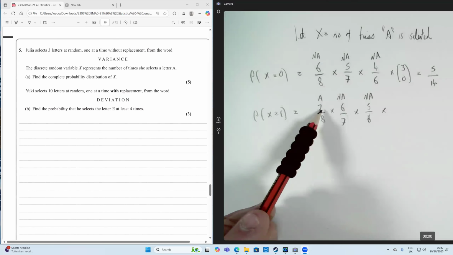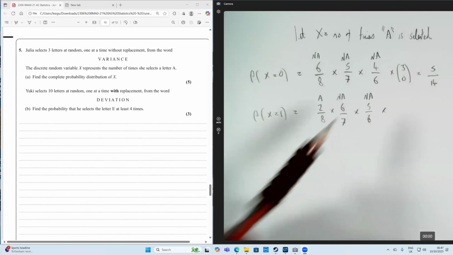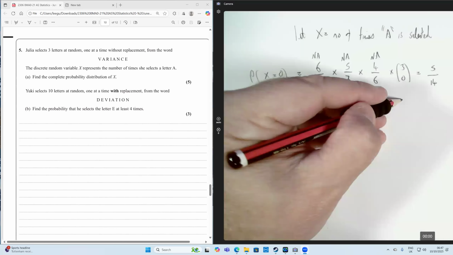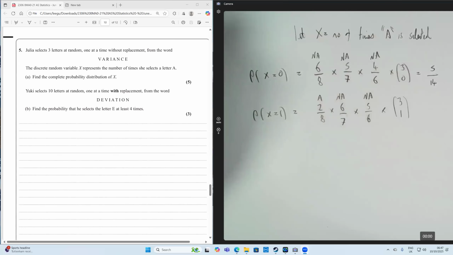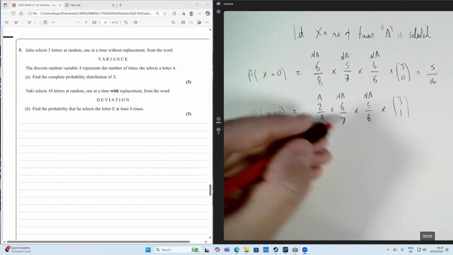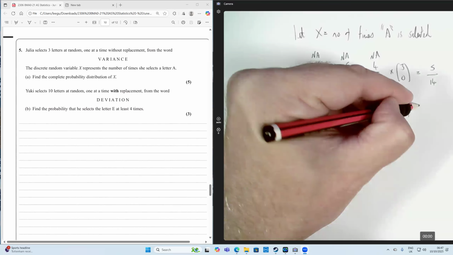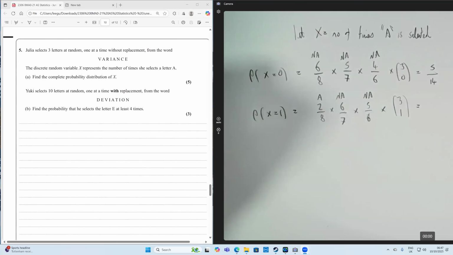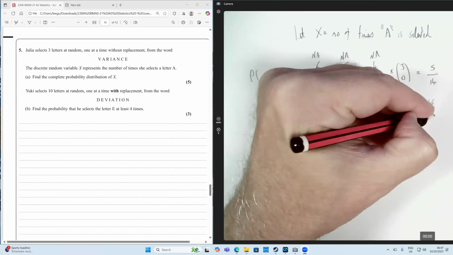In other words, she might have not A, not A, A. So we need to times this by 3 choose 1, because it's the number of ways of choosing one item out of 3, which is just 3. Either she gets it first time, second time, or third time. When we work that out, that probability turns out to be 15/28.